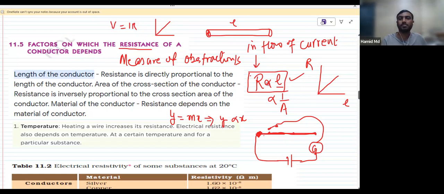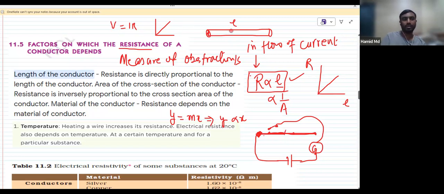Okay, that means when one quantity is directly proportional to another, then it will be a straight line. Now, what is the other statement, that resistance is inversely proportional to area of cross section?